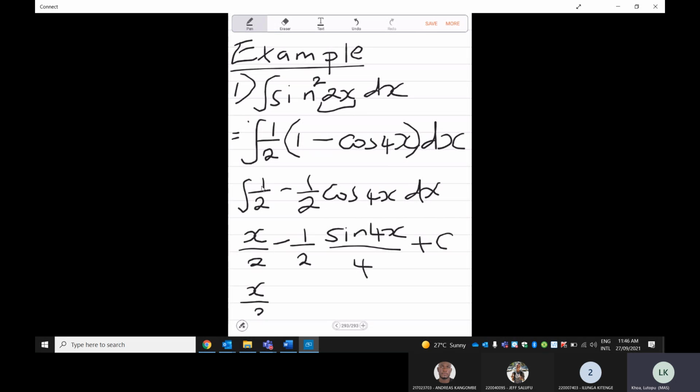So we have x over 2 minus sine 4x over 8, and then you add your constant of integration. Okay, so when your exponent is even, try using the double angle identity, and then you see that what you have after you use it is much easier to integrate than what you started with.